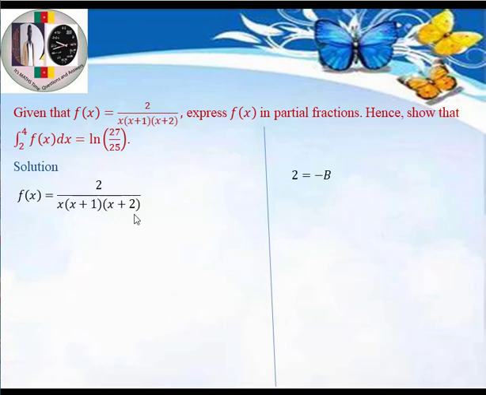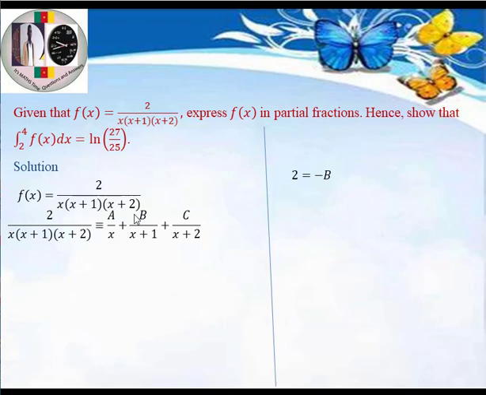So let's assume that the numerators are A, B, and C. Then f(x) will be equivalent to A/x + B/(x + 1) + C/(x + 2).